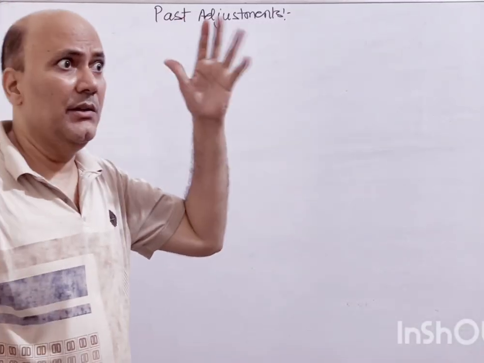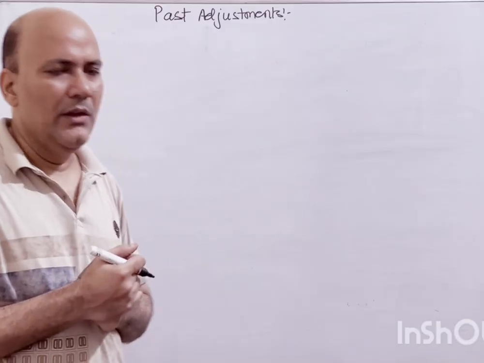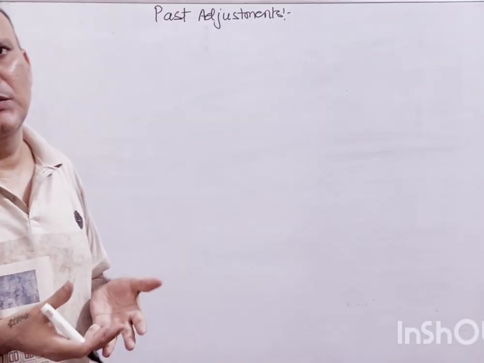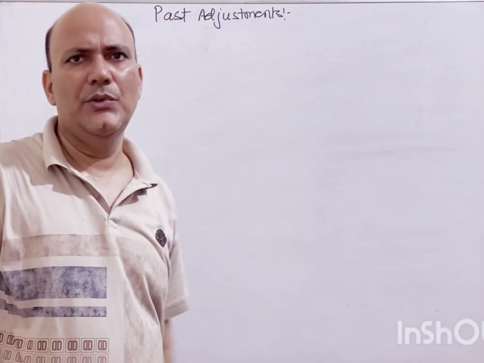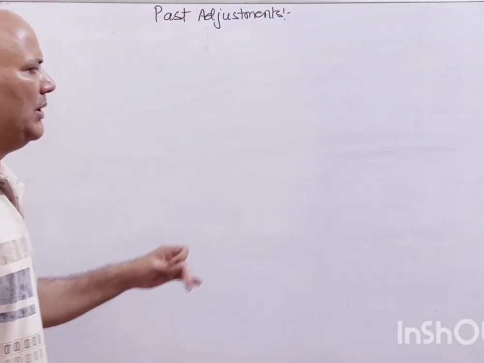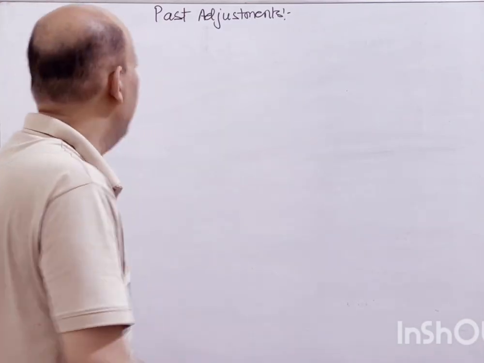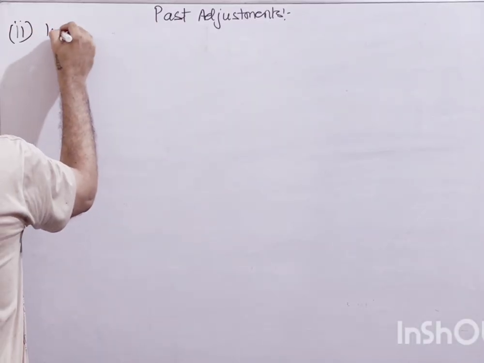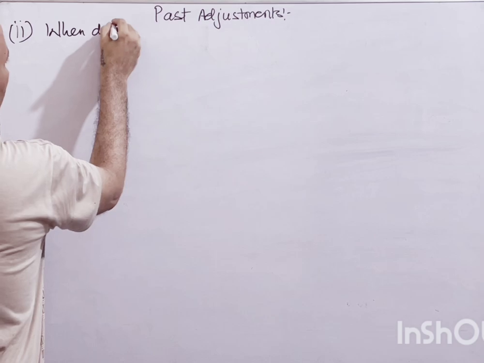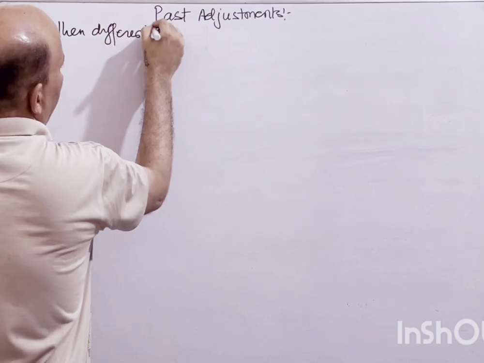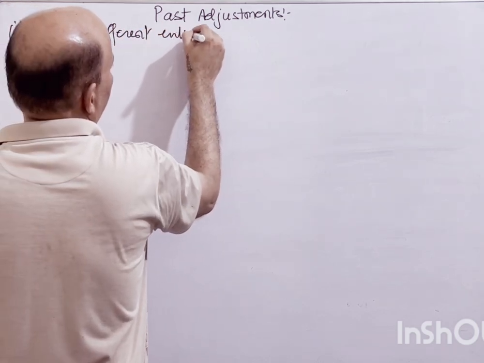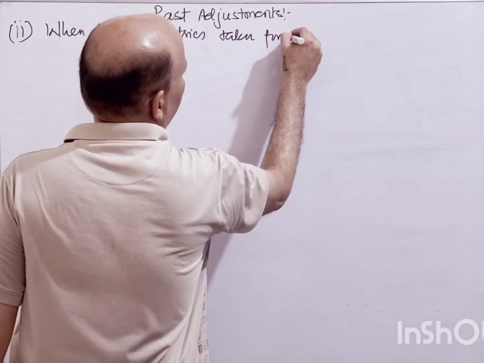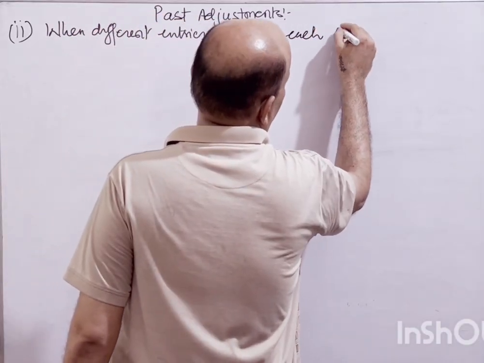आपको दिमाग लगेगा कि sometimes people are scared or afraid of what kind of amount is coming because we don't have any information in the questions. So उनके लिए बहुत अच्छा होता है. ये दूसरा वाला जो मैंने करवाया है ये भी एक तरीका है. देखिए सेकंड में when different entries are taken for each adjustment.